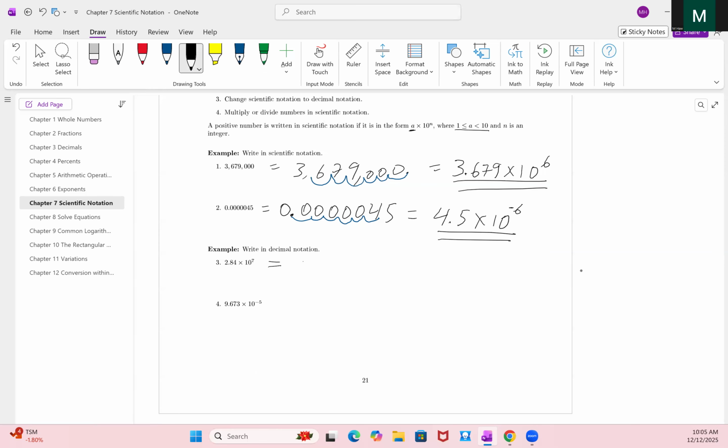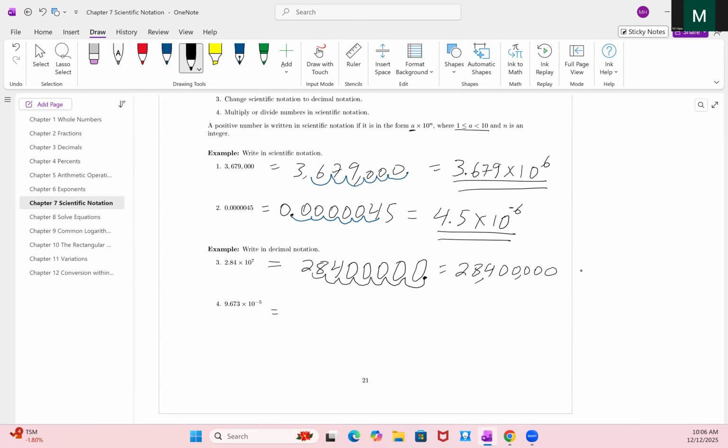This number becomes 2, 8, 4, and then 1, 2, 3, 4, 5, 6, 7. The decimal right now is here. So this number is 284 followed by 5 zeros: 28,400,000.